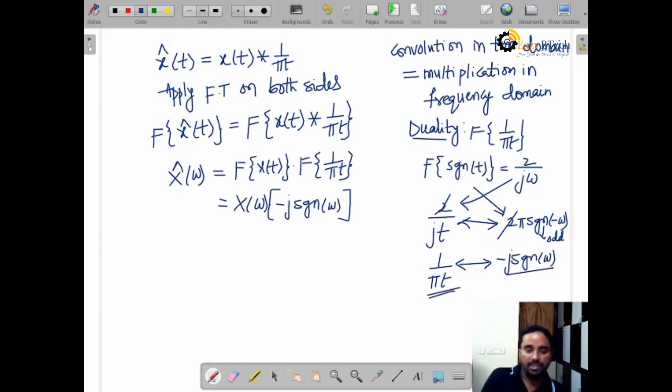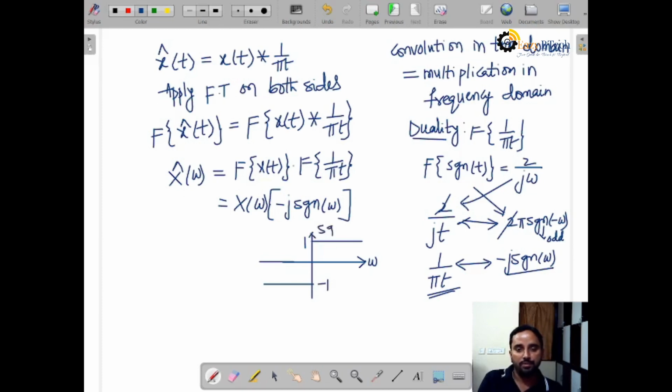Now if you plot the signum function, signum of omega, it is plus 1 when omega is greater than 0, and it is minus 1 when omega is less than 0. So the x axis is omega, with plus 1 and minus 1.